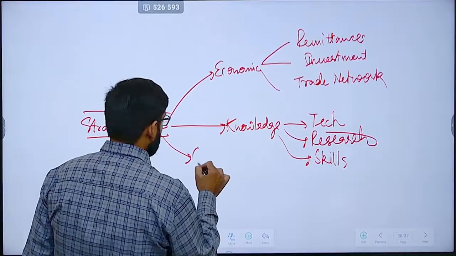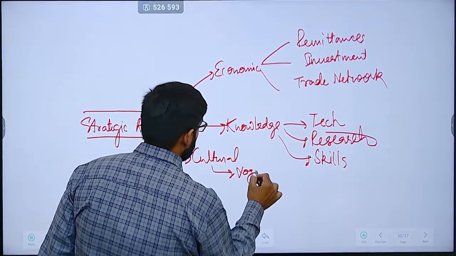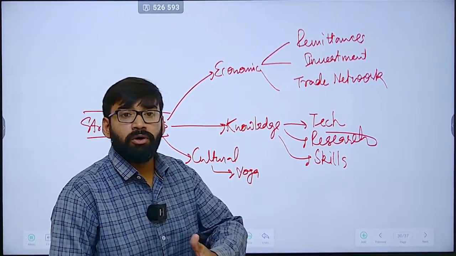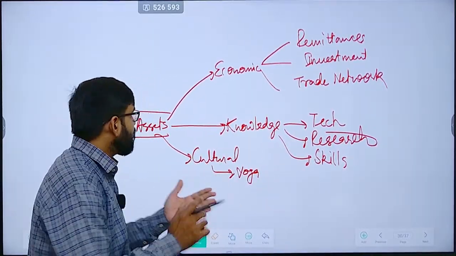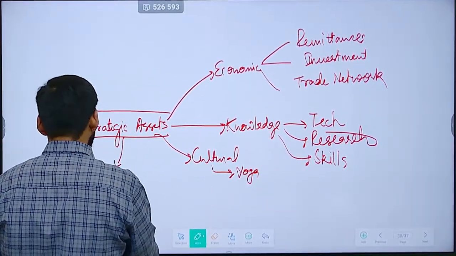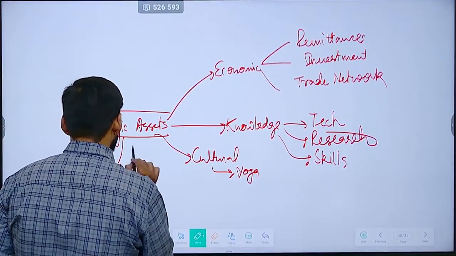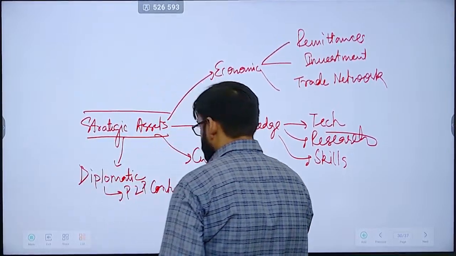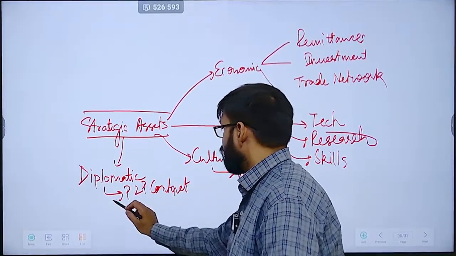Then cultural perspective, like you can mention yoga, cuisine, cinema, Bollywood, festivals, all these things. Then you can mention it act as a diplomatic tool. Diaspora act as a diplomatic tool, like people to people contact or people to people relation, advocacy.